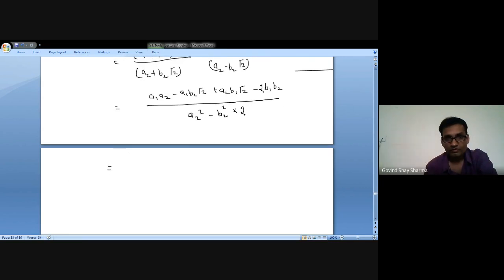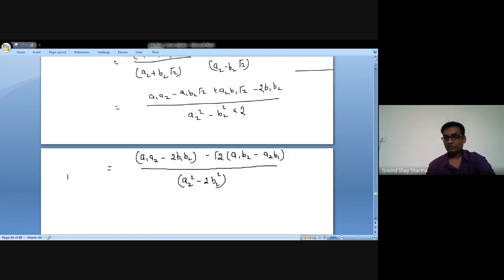So we will find a1 a2 minus 2 b1 b2 minus root 2 times a1 b2 minus a2 b1, upon a2 square minus 2 b2 square. Okay, then we will find this.